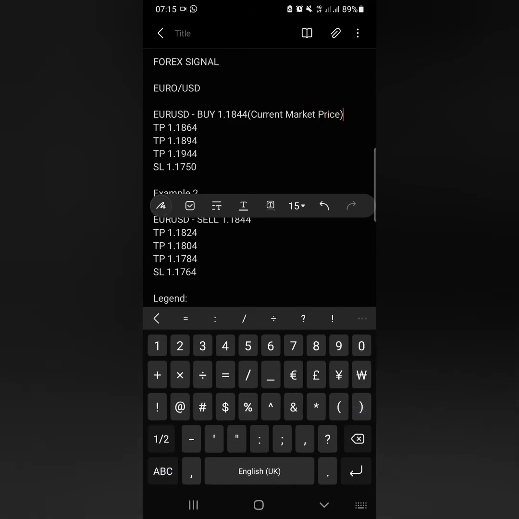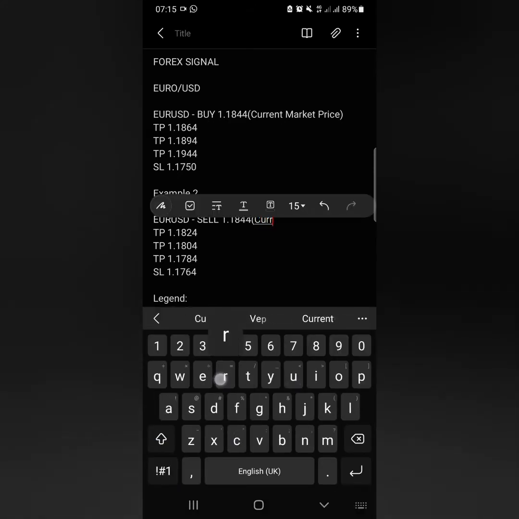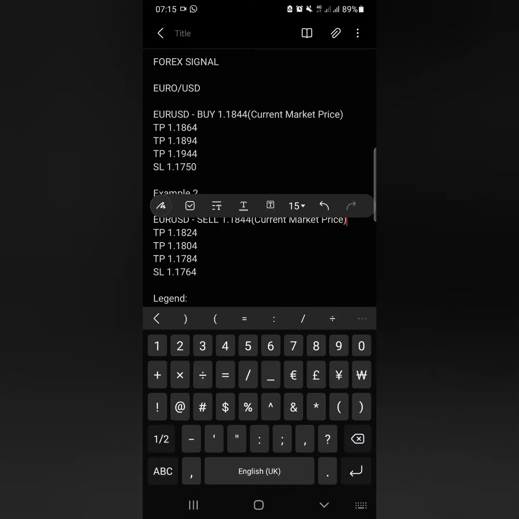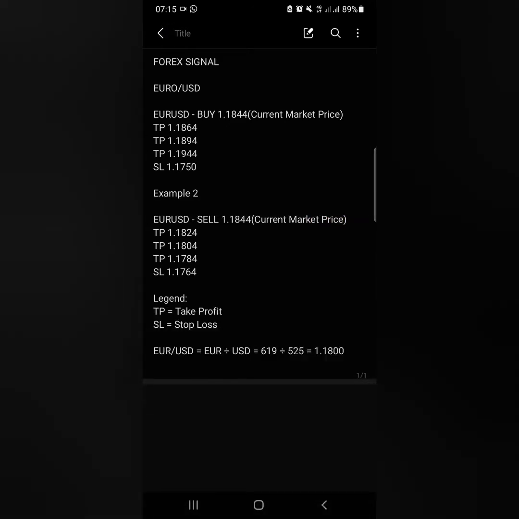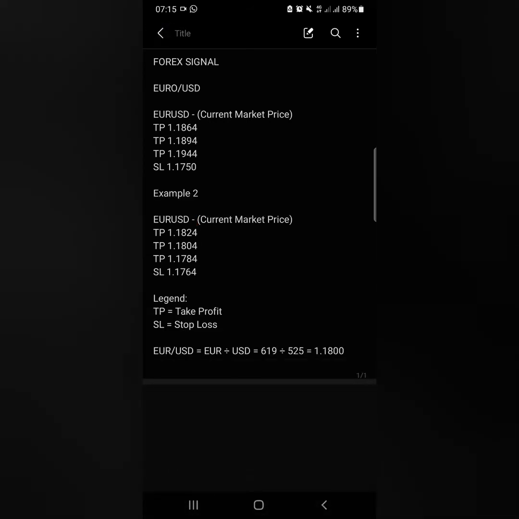It means that you should take this buy order at current market price. Most signals are going to be at current market price, so they might not give you a value, they'll just say buy at current market price or thereabout, right?